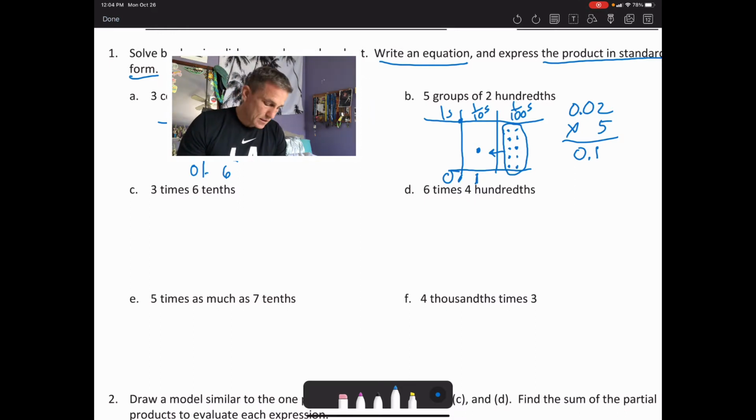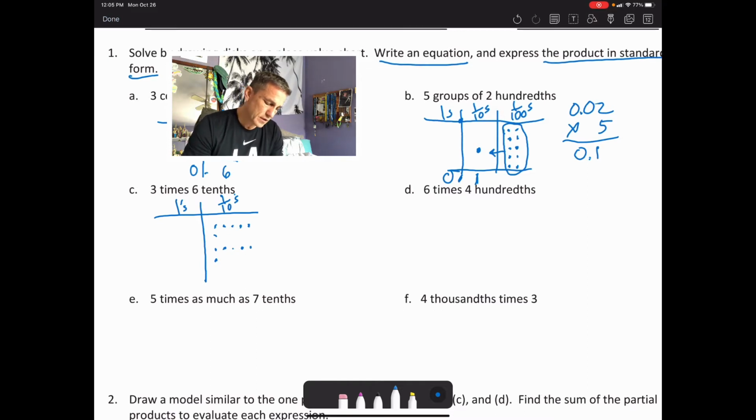All right, on C, we're going to do 3 times 6/10. And we're going to do 6/10 3 times. So we're going to go 1, 2, 3, 4, 5, 6 once. 1, 2, 3, 4, 5, 6 twice. And 1, 2, 3, 4, 5, 6 3 times.